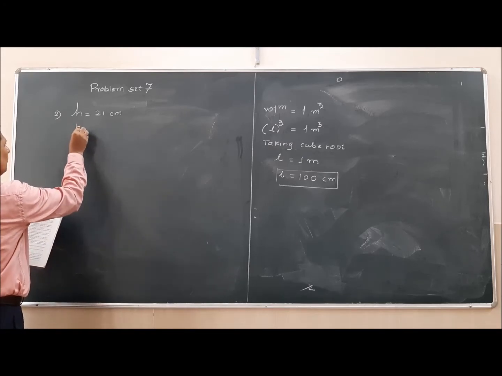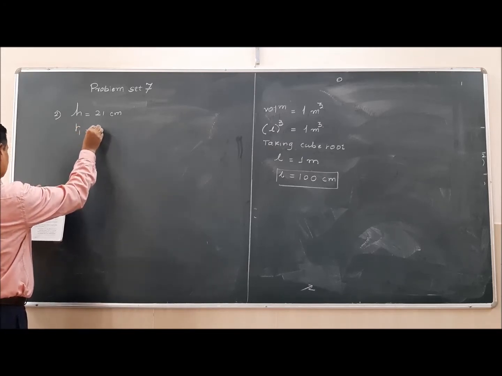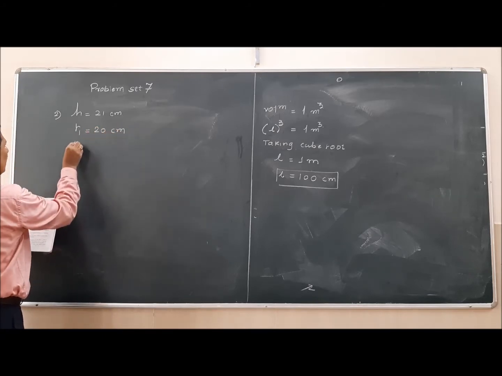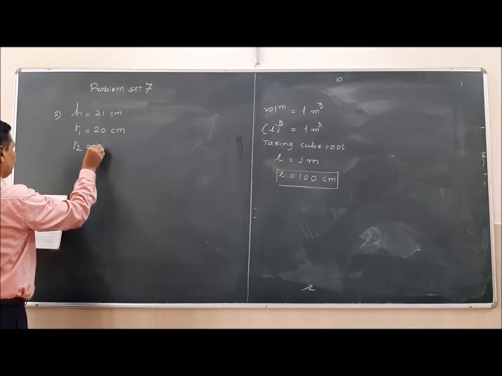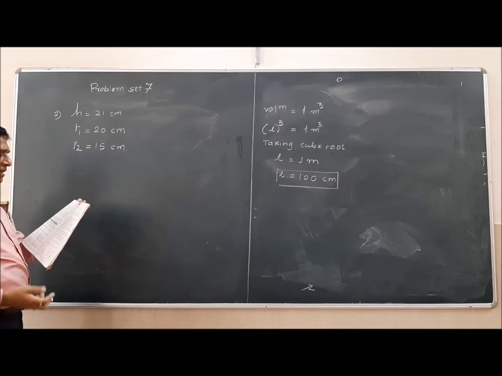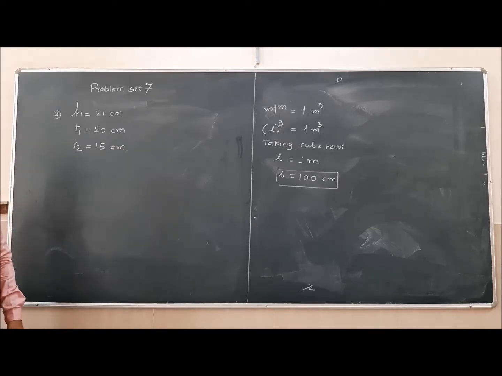So I'll take value of R1 as 20 centimeter, while that of R2 as 15 centimeter. What is the capacity of the tub?